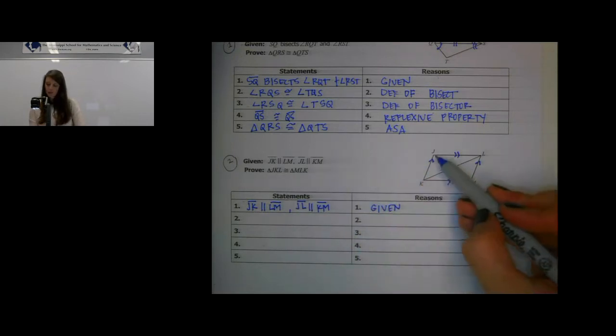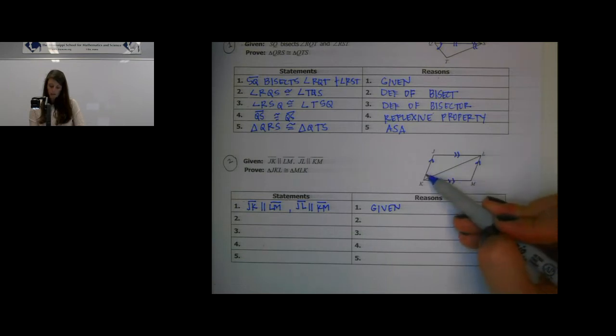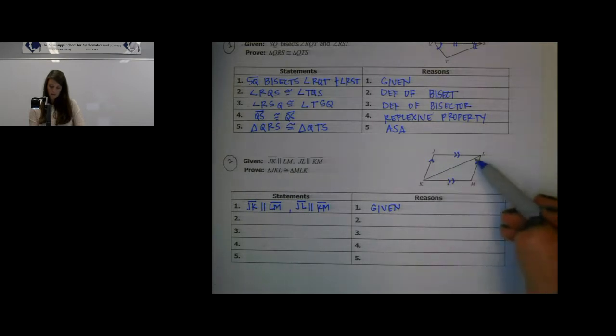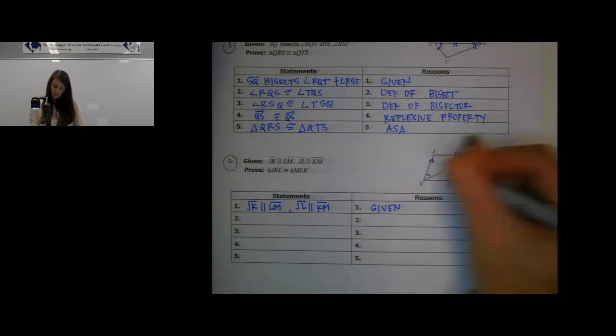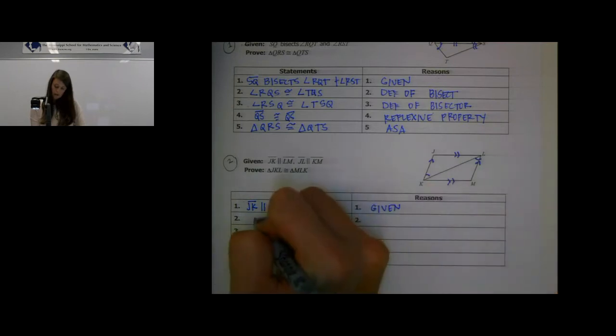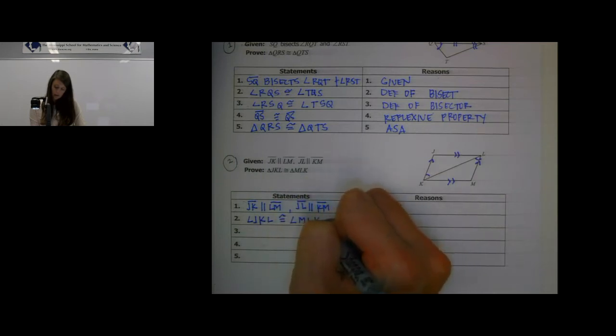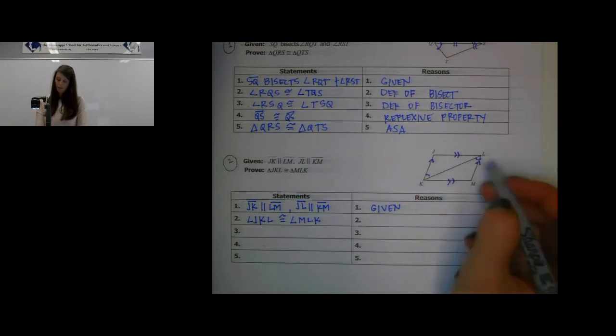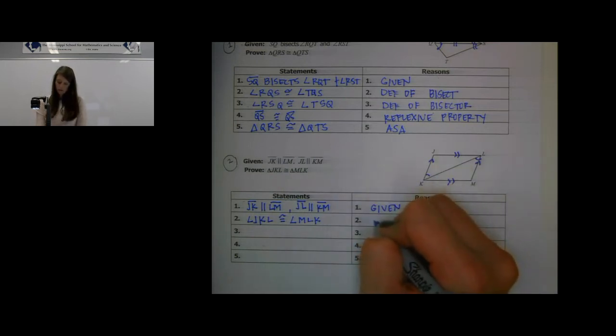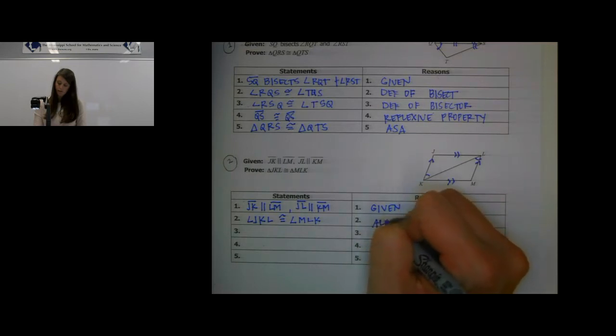Okay, so if these two lines are parallel, what does that mean about angle K and angle L inside there? Sorry. So JKL and MLK, those are going to be congruent, right? So angle JKL is going to be congruent to angle MLK. Okay? That's alternate interior. Sorry. I have to think for a second.